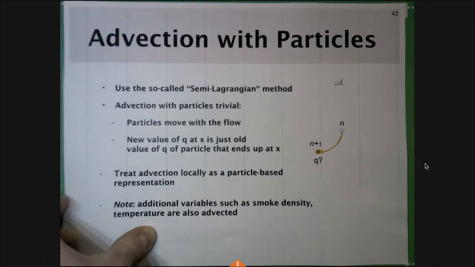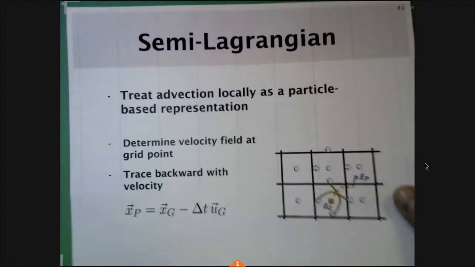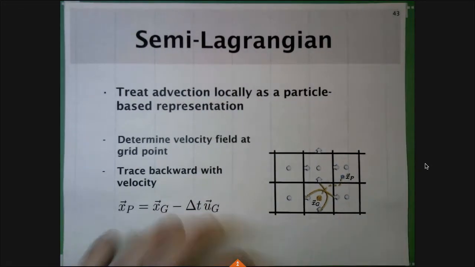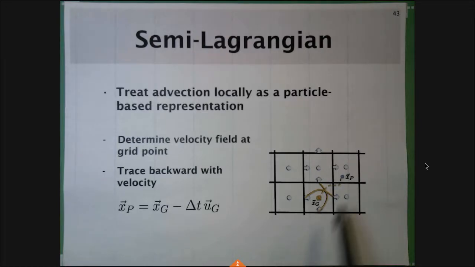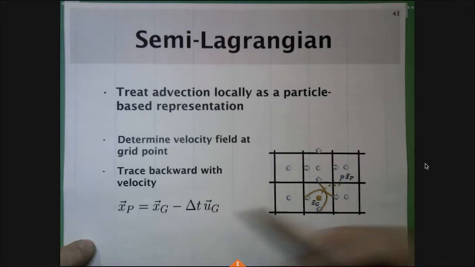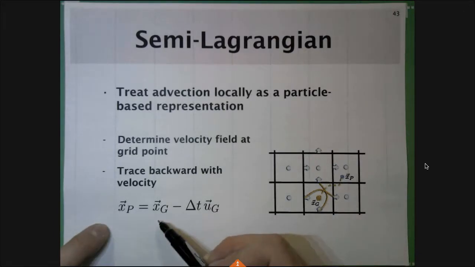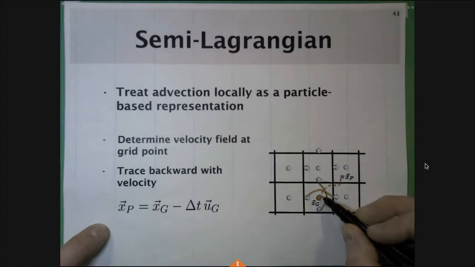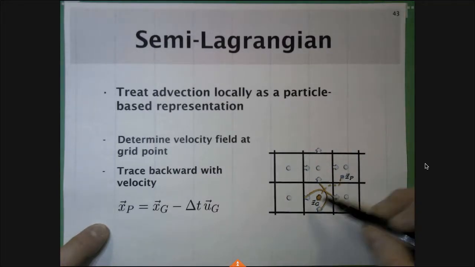Okay. So how exactly do we do that? Well, we are still on a grid, right? We don't have any particles here. All our values just live at the grid points. So that's where the interpolation will become important. We can be advecting anything, velocity or pressure or temperature, that doesn't matter.